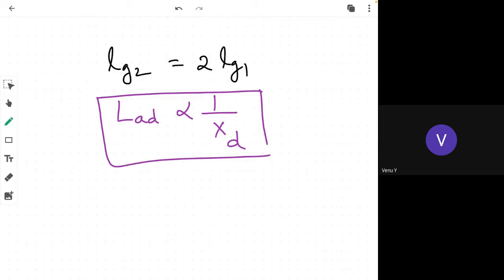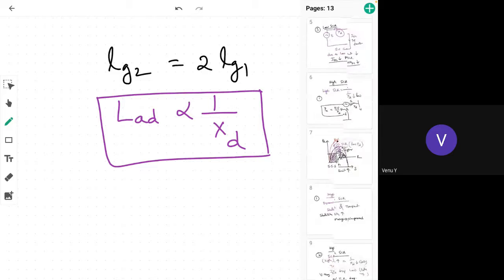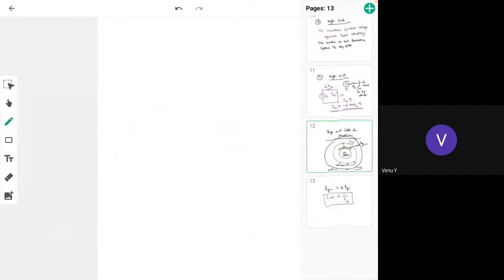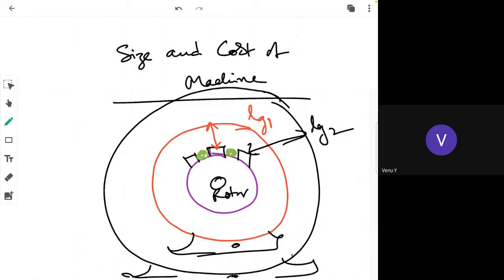LAD is the mutual inductance between A and D. So, therefore, the reluctance of the air gap length is also doubled. Reluctance is proportional to the gap Lg. Therefore, when Lg is doubled, R2 is 2 times R1, the reluctance of case 1.